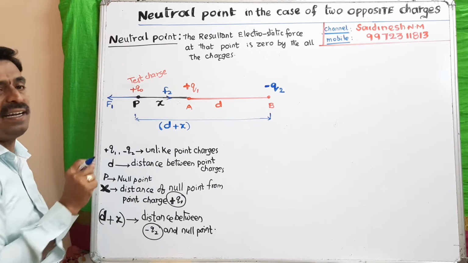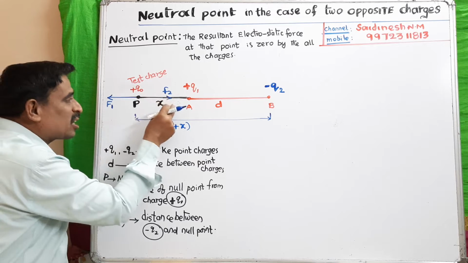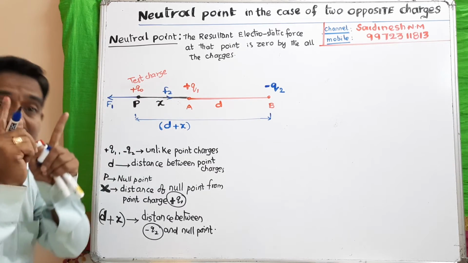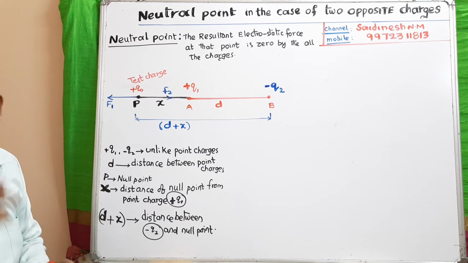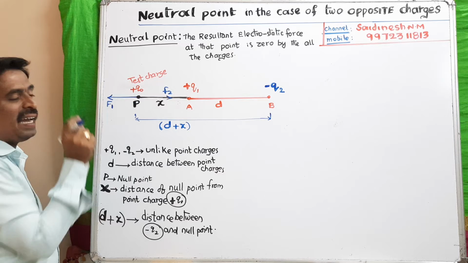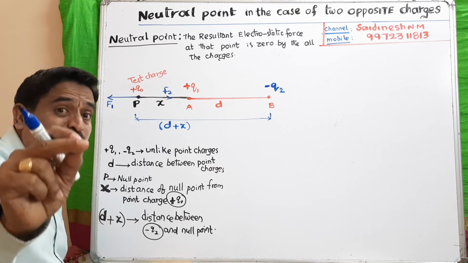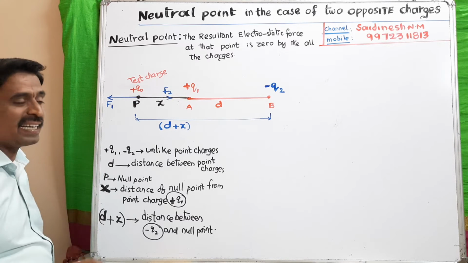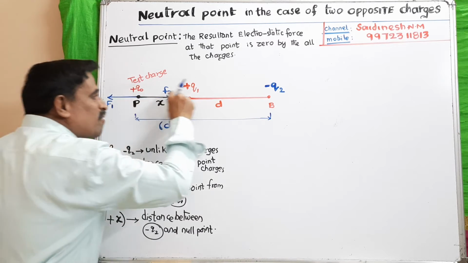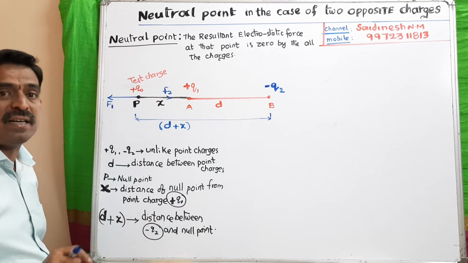At this point, two electrostatic forces are acting in opposite directions. Now at this point P, there are electrostatic forces acting, one along the AP direction, another along the PB direction.